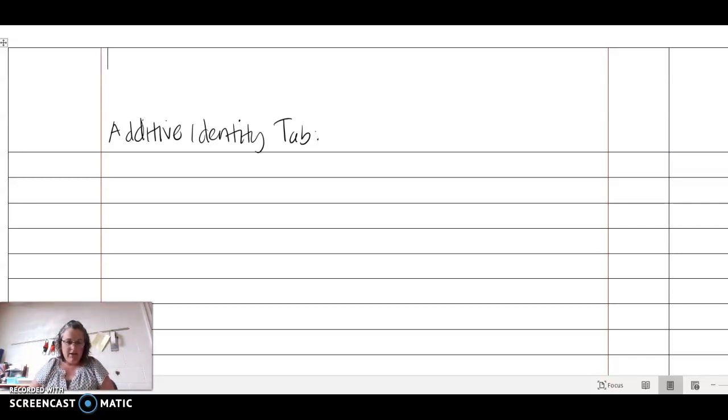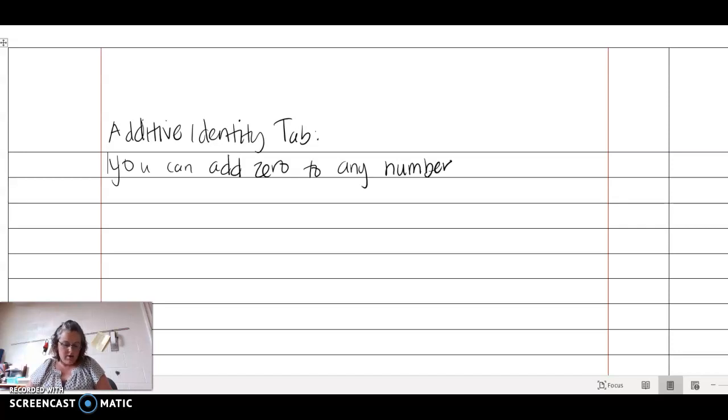So additive identity is a property where you can add 0 to any number and the value does not change.